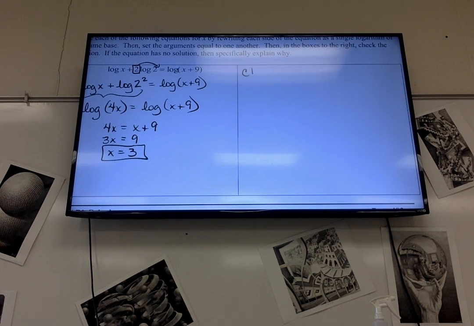You'll see a reason for checking probably Monday. It's log of 3 plus 2 log of 2 equals log of 3 plus 9. So that's the log of 3 times 4, which is 12, because remember, that's a power. And a log of 12. So yeah, it checks out.